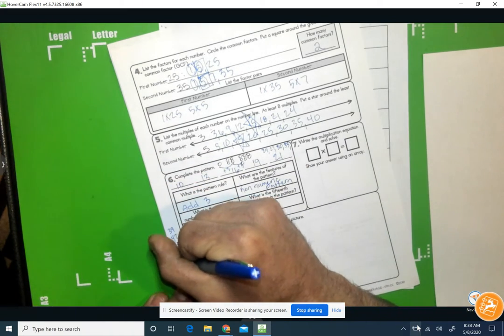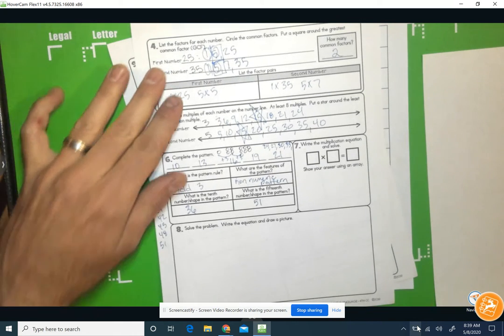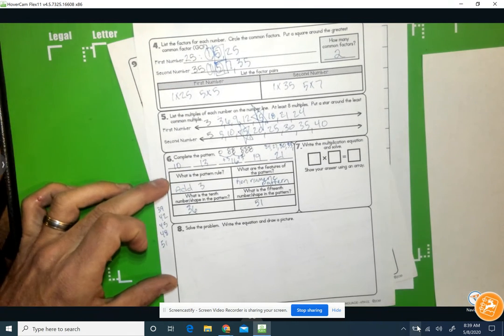And 51 is the 15th number of shapes in the pattern. Okay? So that was the hands-on. I'm going to simply continue the pattern. I'm not using any multiplication strategies here. I'm simply listing the next event as it comes and then finding the 10th and 15th number there.